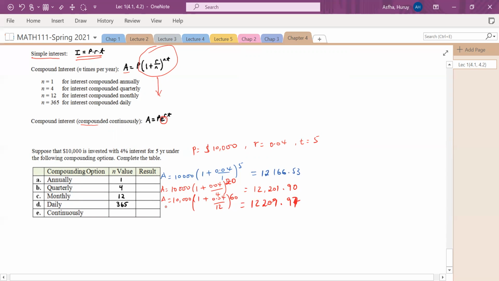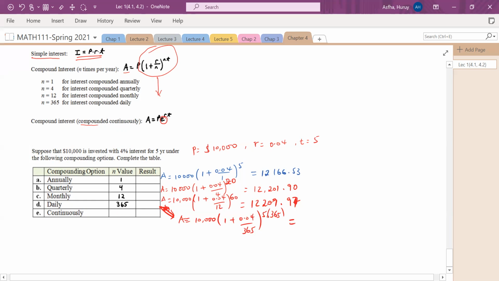I will skip this one because they are more or less the same. Well, let's just find it out. For this one, A becomes 10,000 times 1 plus 0.04 over 365, to the power of 5 times 365.